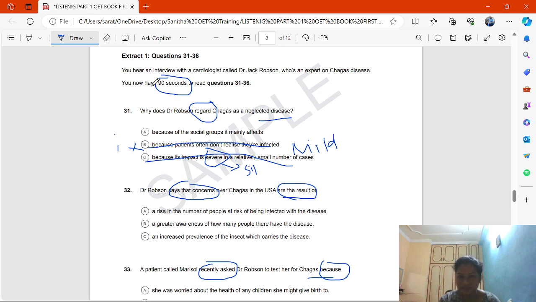It is not matching 100%, but the first option, because of the social groups it mainly affects, he didn't directly say the social groups, but he said marginalized community in Latin America. That is completely rephrased. He completely rephrased the options, and he said because there you need significant action. That is the regard he said in this audio.